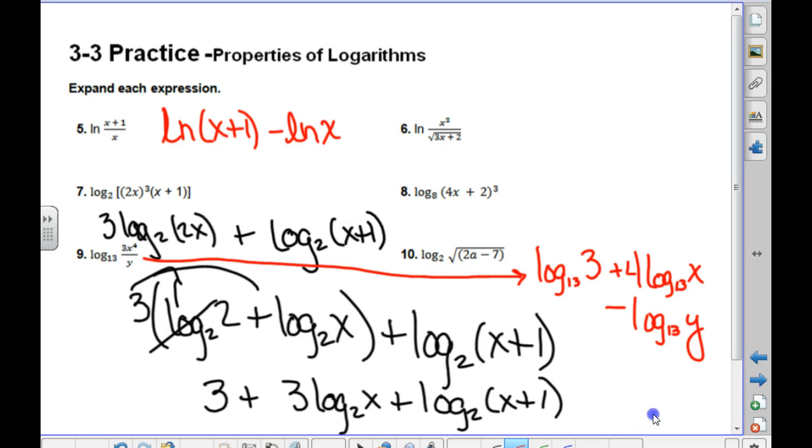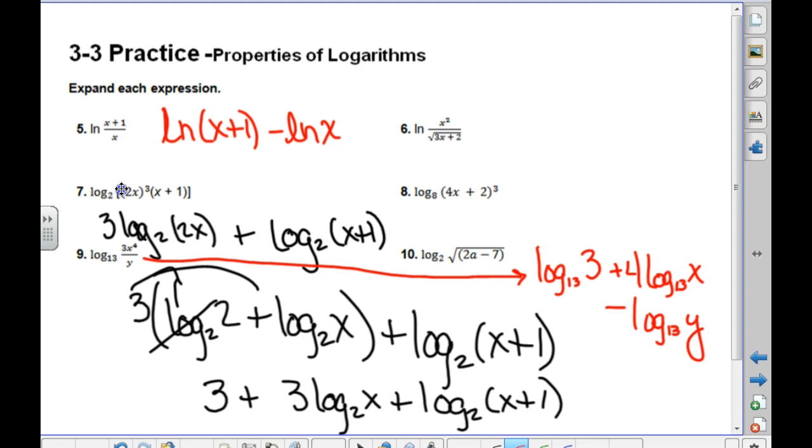It should be all in a row. I just ran out of room. Go ahead. So it's all parentheses, you can't split it apart, correct? As long as it's adding and subtracting, it cannot be split apart, yes.